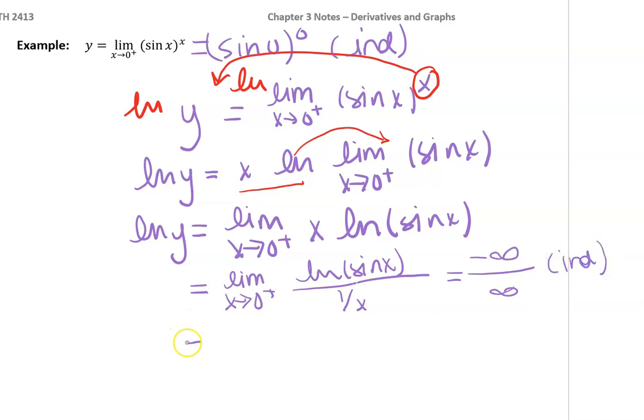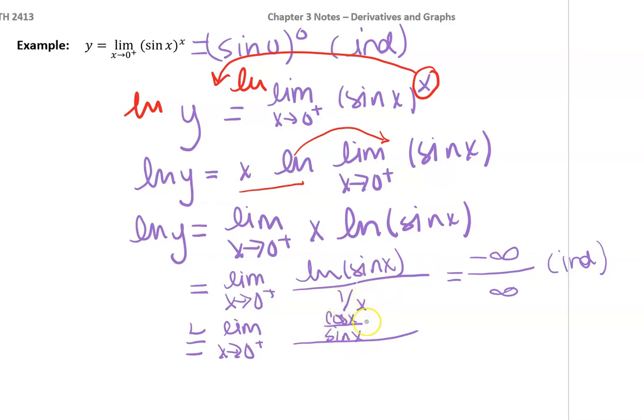And so now I'm going to apply this under L'Hopital's rule. Let's do the limit as x approaches 0 from the right and take the derivative of the top. Don't forget your derivatives of trigs and ln's. So the derivative of ln sine x would be what you're taking the natural log of, on top the derivative of sine x, which would be cosine x.